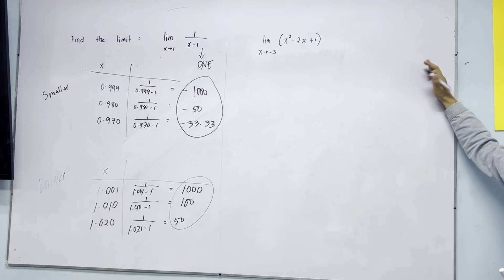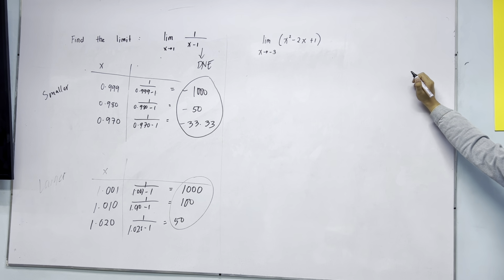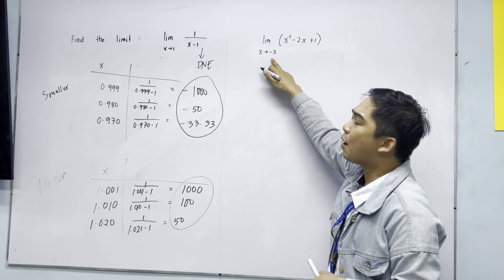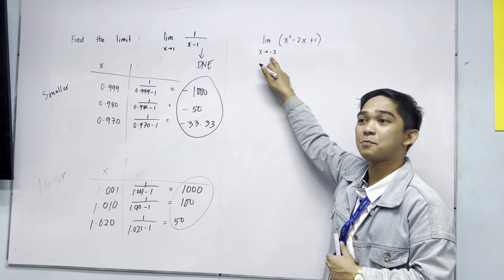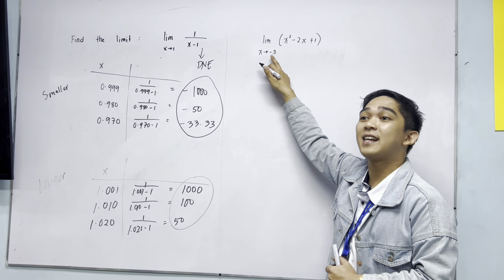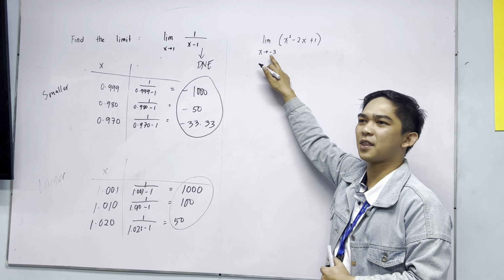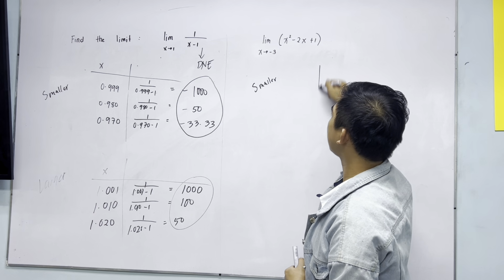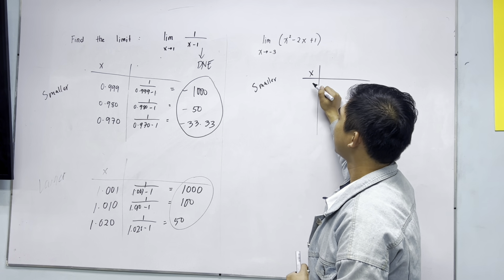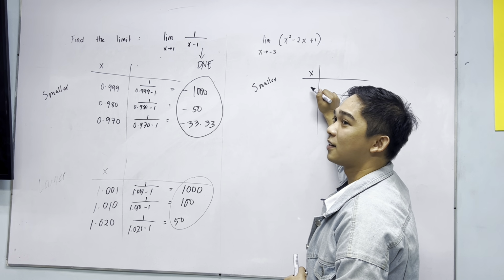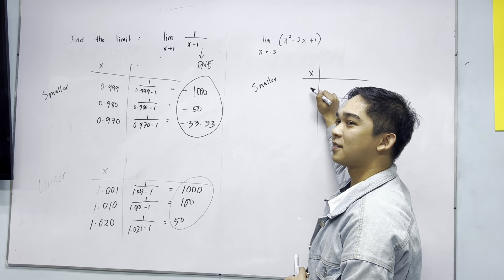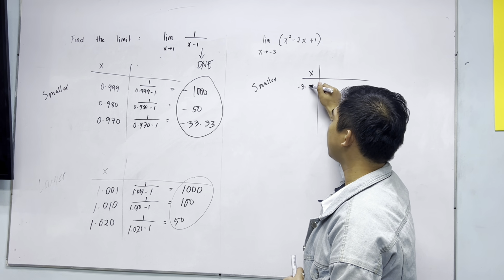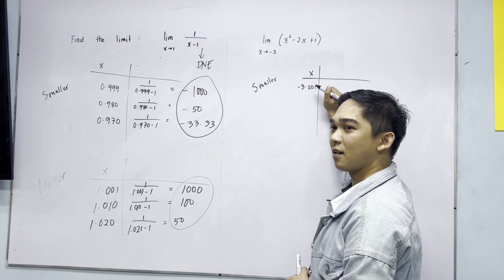Now, let us check here. Sir, paano yan? Lagi bang walang limit? Oh, consider naman natin ito. Our approaching numbers must be smaller than negative 3 and larger than negative 3. Smaller muna tayo. Smaller than negative 3, ano yun? Negative 3.001. Ano mas maliit?